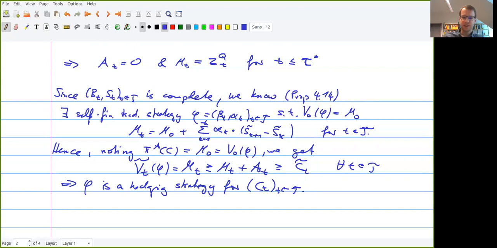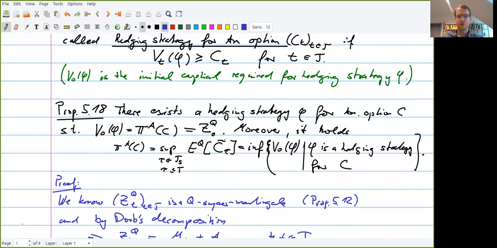Okay, that's great. So first thing is, we finished the first part of the proof. We showed that they exist. So this is here the first statement. There exists a hedging strategy for the American option C, and the initial value, so the initial capital we need, is exactly the arbitrage free price.